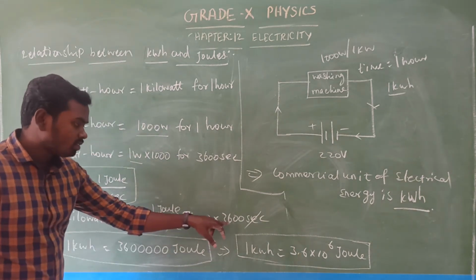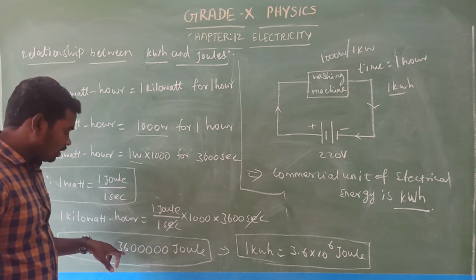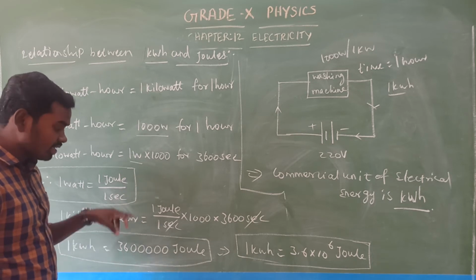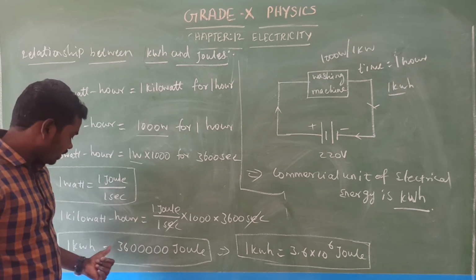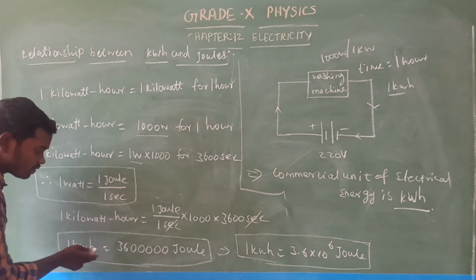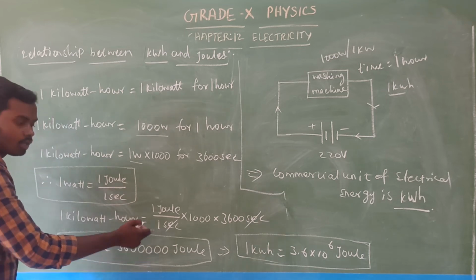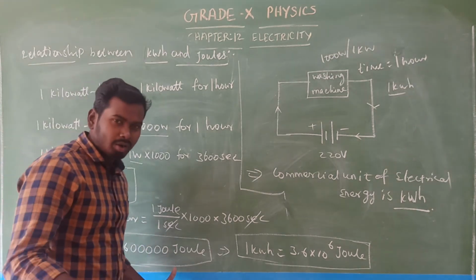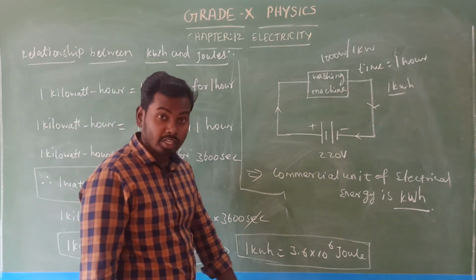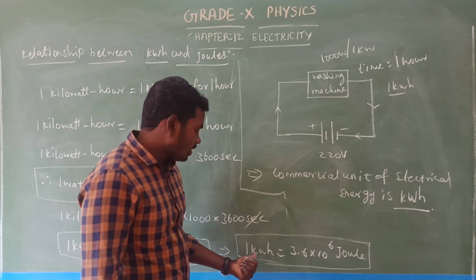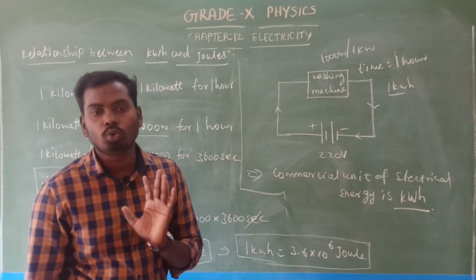So 1000 into 3600 is 36 lakhs, and joule is there. So 1 kilowatt hour is 36 lakhs joule. This is a big number, so we simplify it as 3.6 into 10 to the power of 6 joule. So 1 kilowatt hour is equal to 3.6 into 10 to the power of 6 joule.